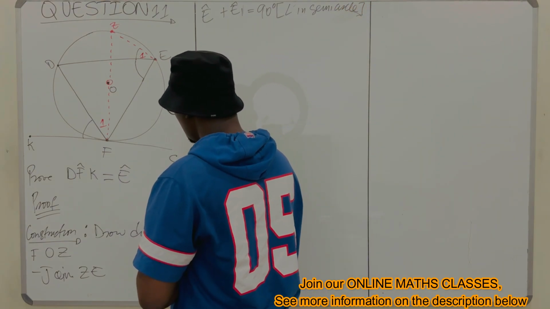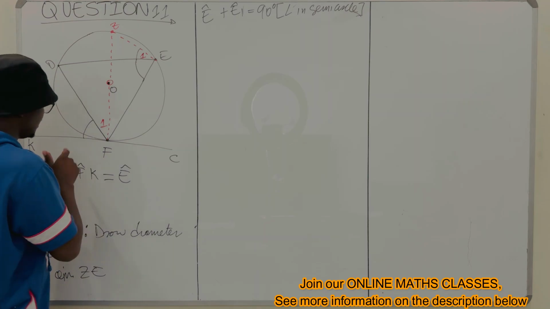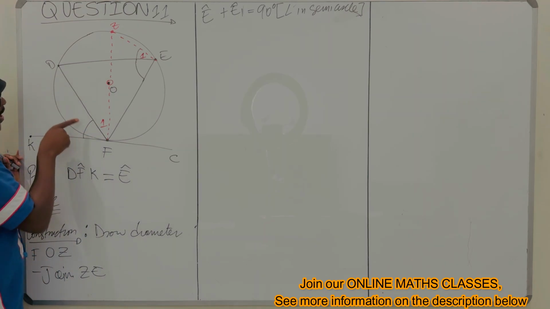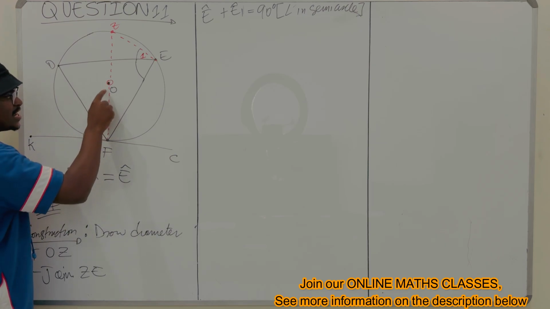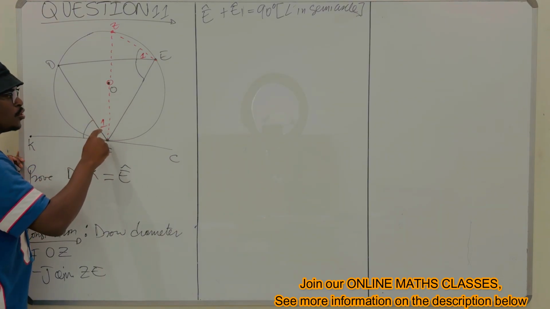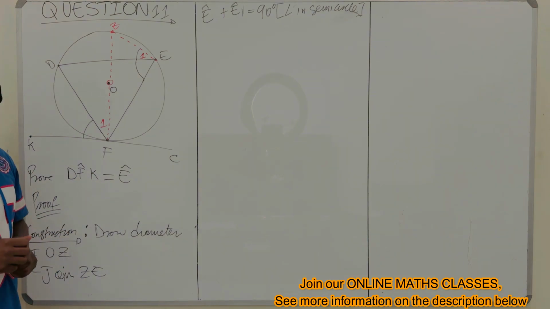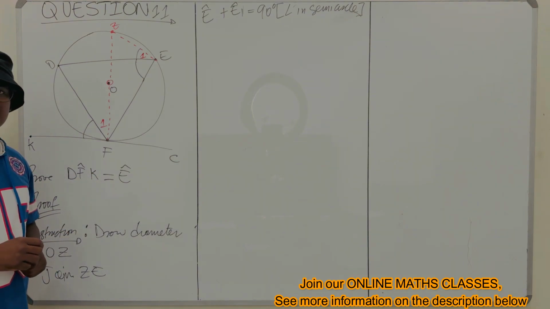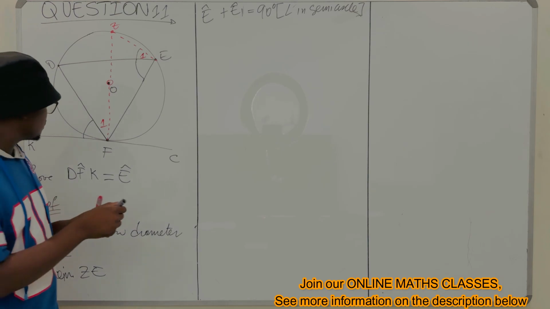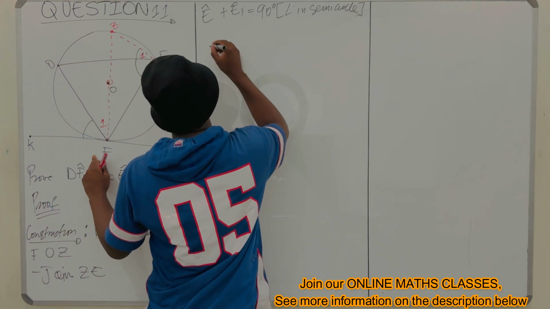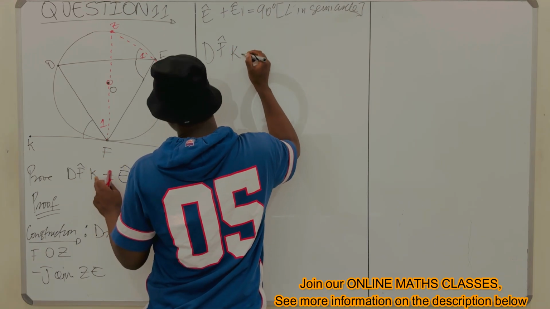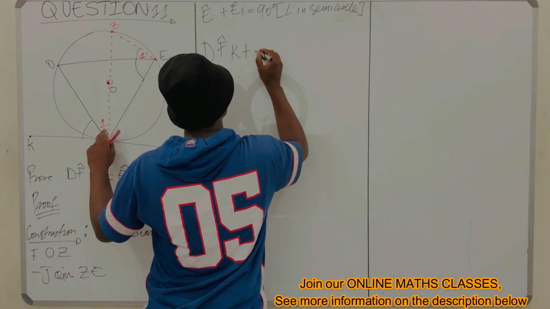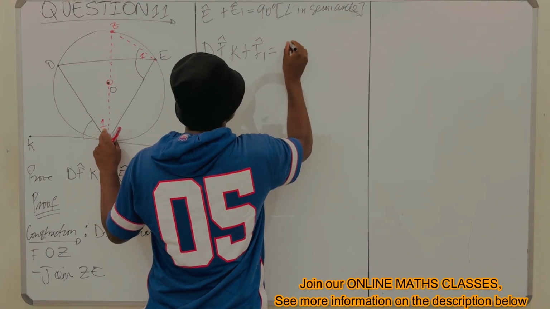No problem. Look at a similar thing. This angle here, which is your angle F, and angle F1, they also make 90 degrees, because this is a tangent and this is a radius, FO. You know that a tangent is perpendicular to the radius at the point of contact. So we'll say angle F plus angle F1 is 90 degrees.